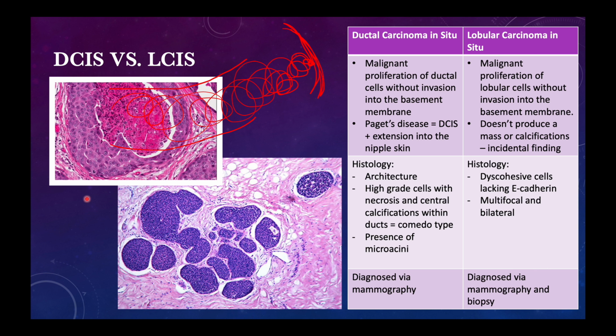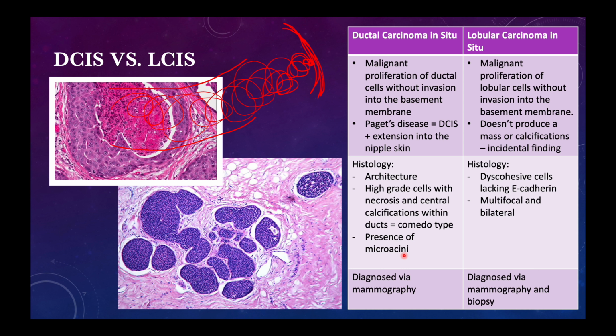And this type of typical structure of the tumor is known as a comedotype. So we have high grade cells here, areas of necrosis here, and central calcifications here. Okay, that's comedotype. And sometimes we can even have presence of microacini here, like it mentions here, or sclerosing adenosis.